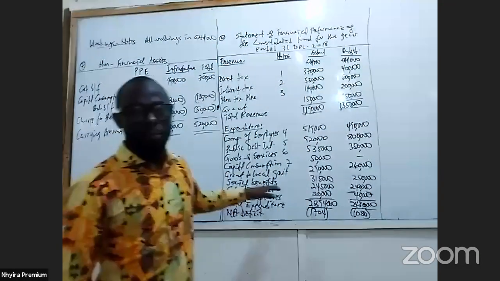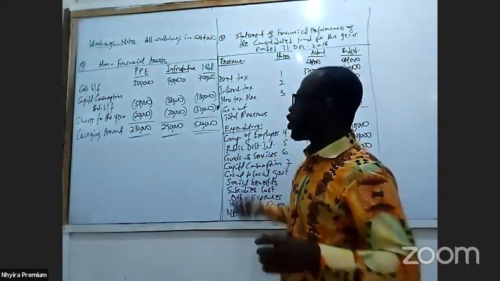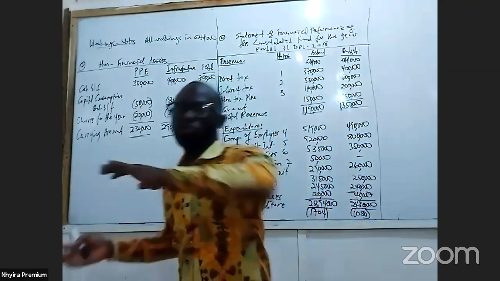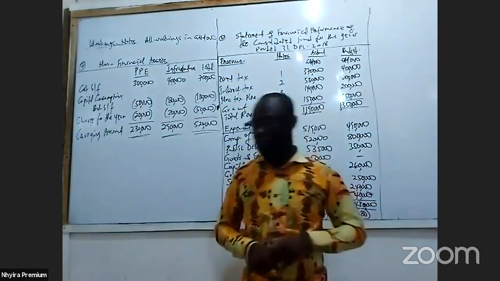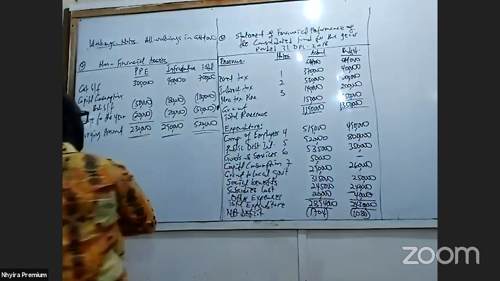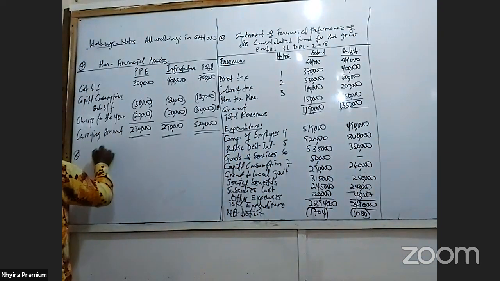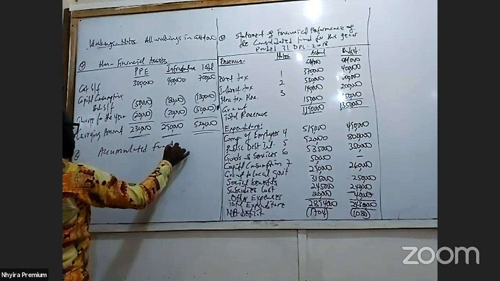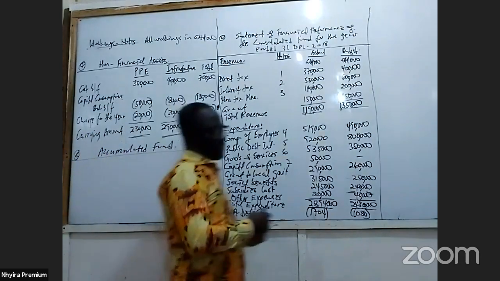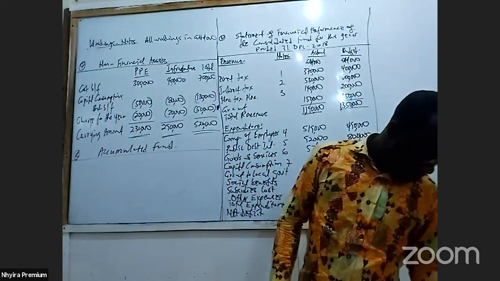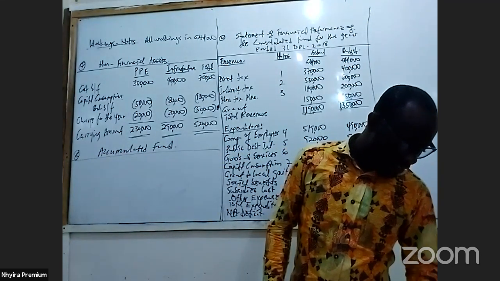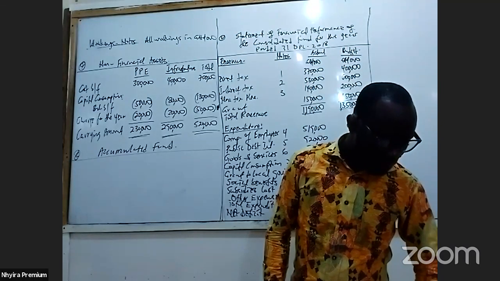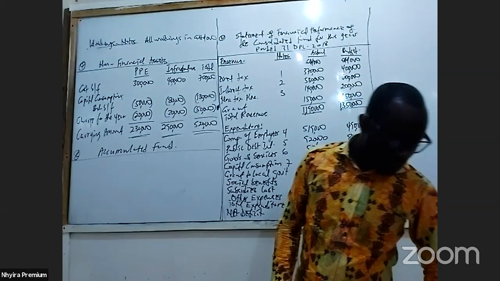Now, once you prepare the income statement like this, quickly you have to do the workings for the accumulated fund so that you know what will go to the statement of financial position. So I'm going to do the accumulated fund here under workings 8. Now remember, we were having the accumulated fund with a debit balance of 476,000.